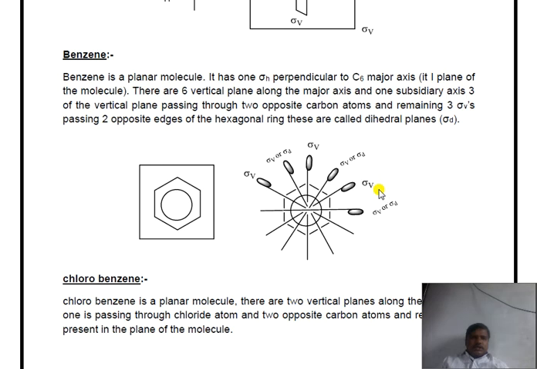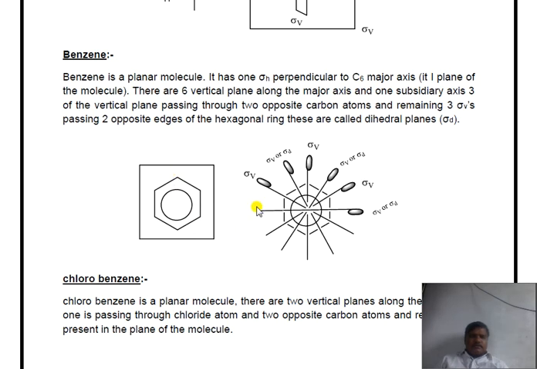If we consider the benzene molecule, in the benzene cyclic ring, if we take the axes passing through the space in between, there are three possible axes of symmetry: C2, C3, C6. And C2 is taken like this, and also like this.